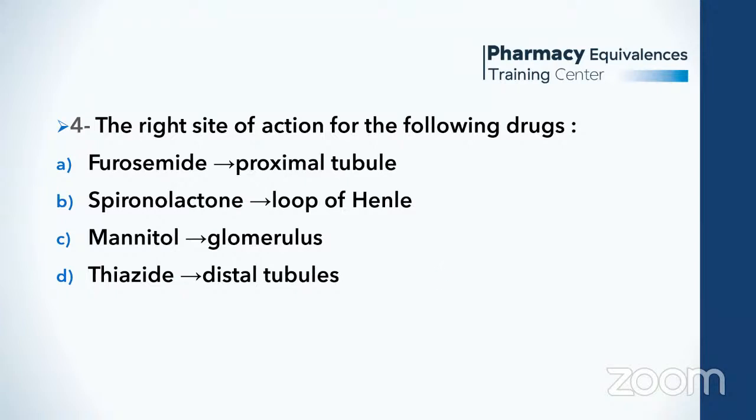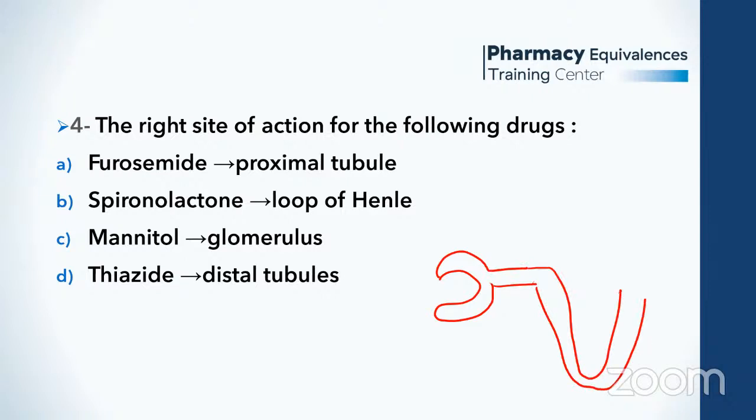As you know, the nephron is formed of the capsule, proximal convoluted tubule, then loop of Henle, then distal, then collecting duct. Each group of diuretic will act on a specific part of the nephron.